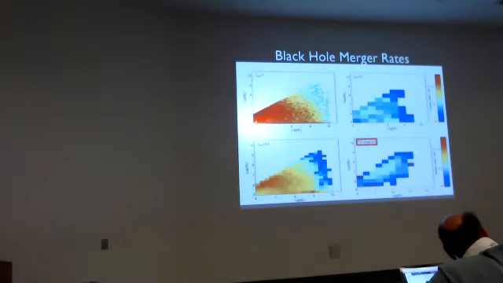So this is now the black hole merger rate according to our full progenitor-based seeding model. And so you can see, instead of being focused around a bit of a lower mass and continuing all the way to a very massive single black hole with a very low mass secondary black hole, we tend to be focused much more on major mergers where the masses of two different black holes are fairly comparable.